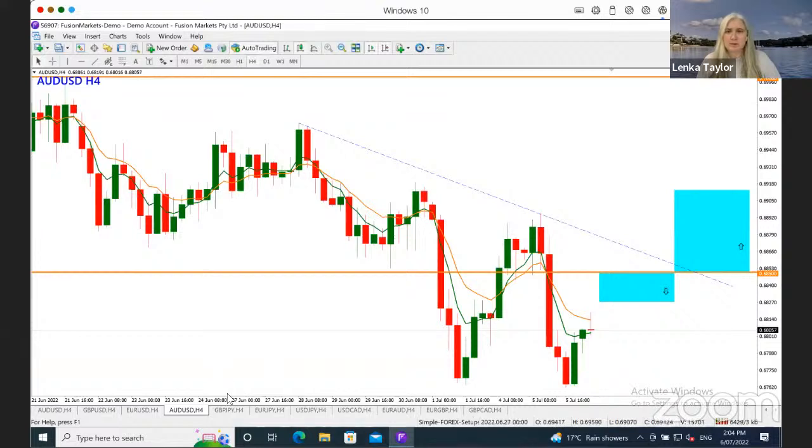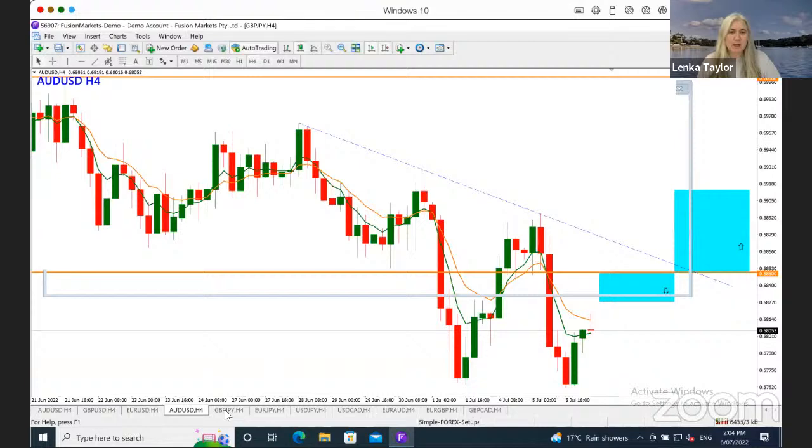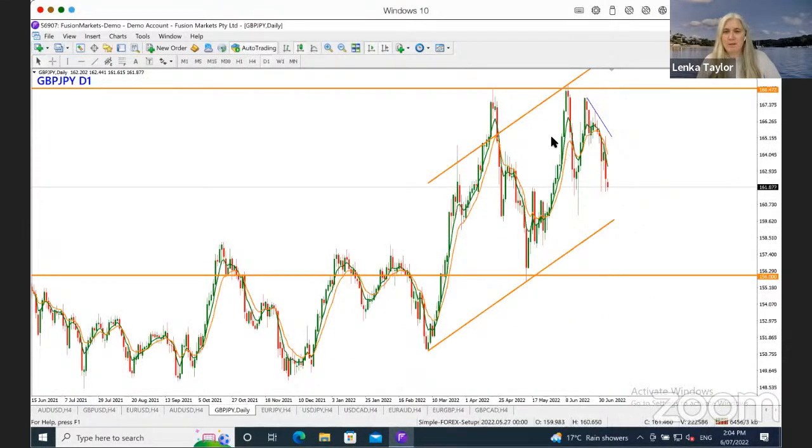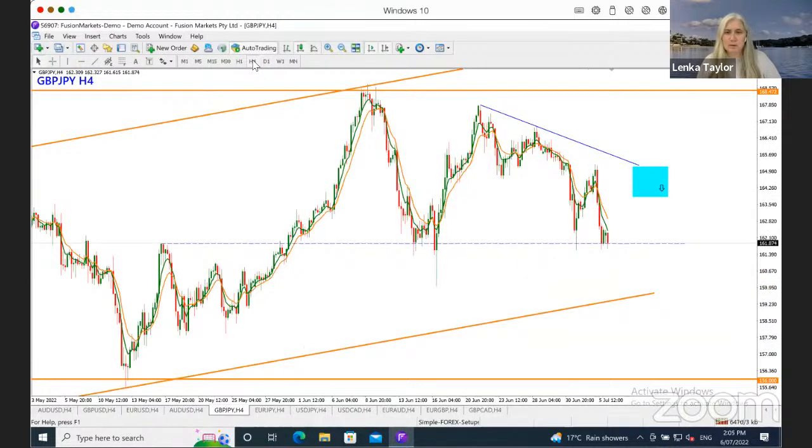Hope that helps. All right, next currency pair I'm looking at is GBPJPY. And GBPJPY I'm looking at short. So on the daily, we now have that price come off the top. It is hovering around this sort of smaller price support.